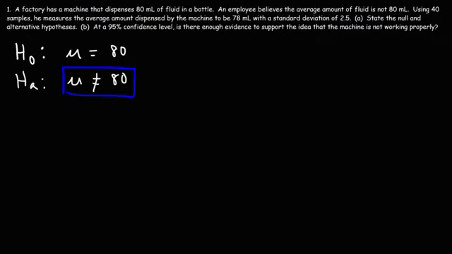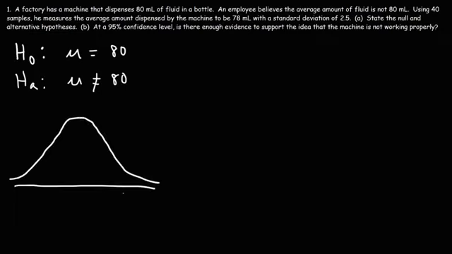It could be on the left side or on the right side. We need to conduct a two-tailed test. So let's draw a normal distribution, and we're going to shade the area to the left and the area to the right.